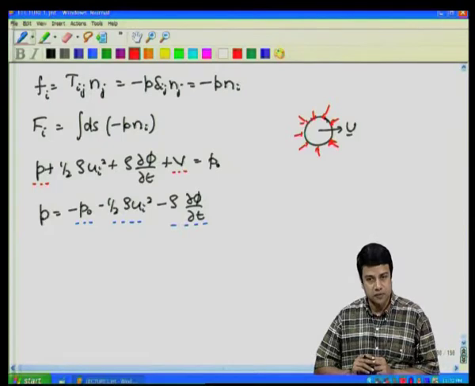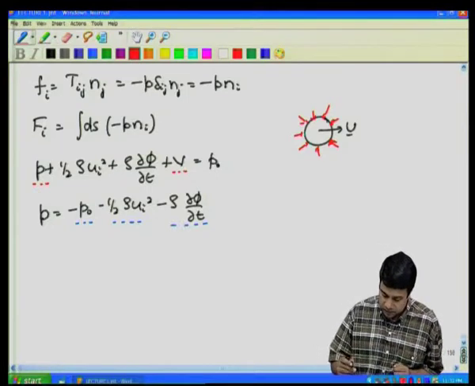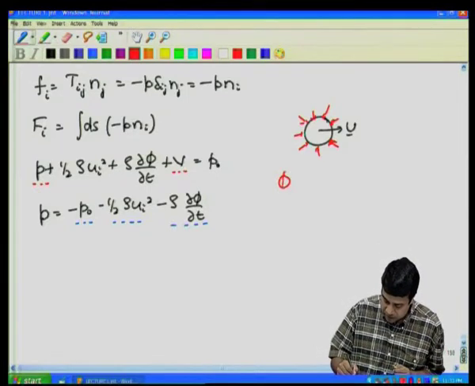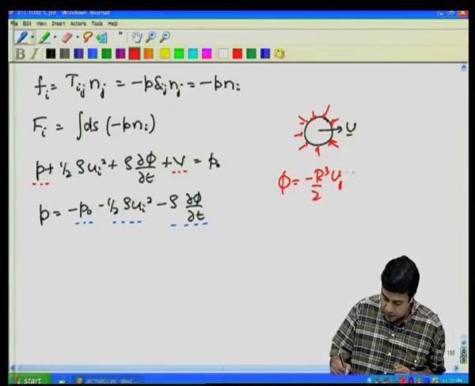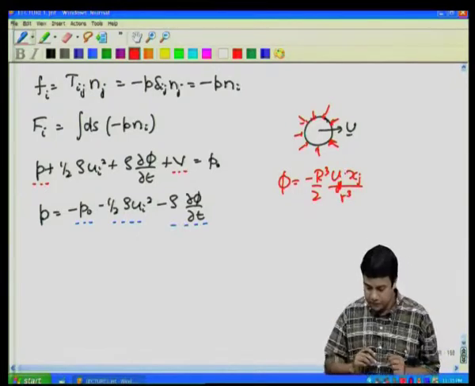The reason is as follows. My sphere is moving with a constant velocity u. So, I had got my solution for the potential as phi is equal to minus r cubed by 2 u j x j by r cubed.